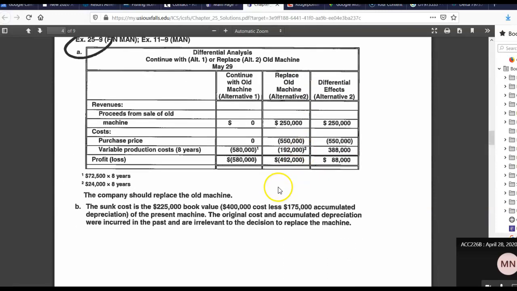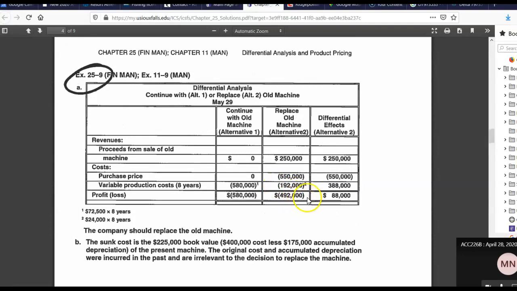Here again, what's key to see is if you look at some of the other ones that we did, now it's flipped the other way around. Continue with the old or replace with the new. If we continue with the old, of course, you're not purchasing anything. You don't have any proceeds from the sale, but you've got the variable costs.